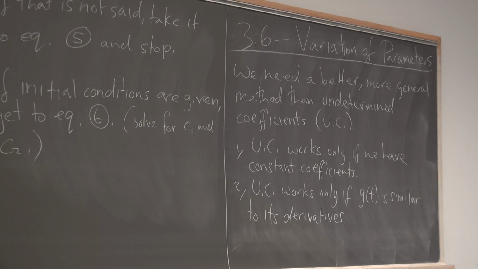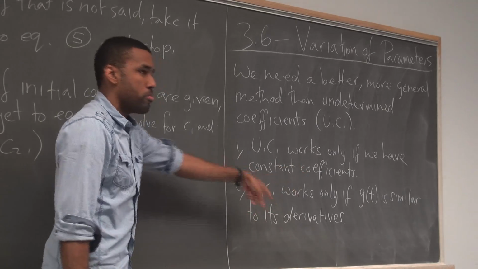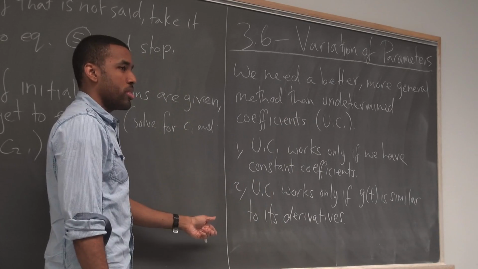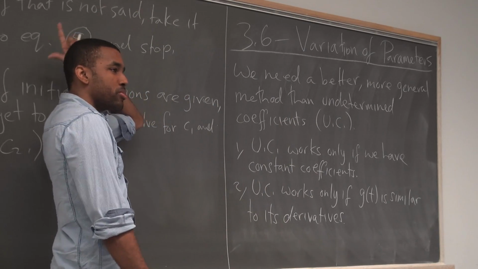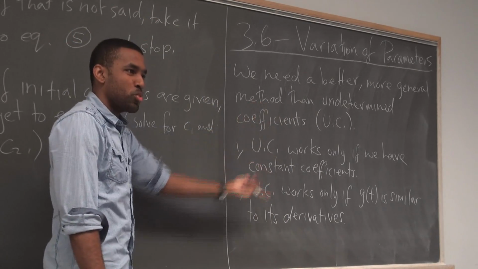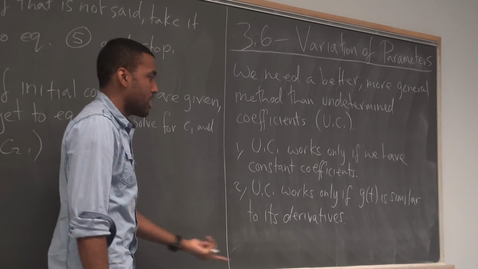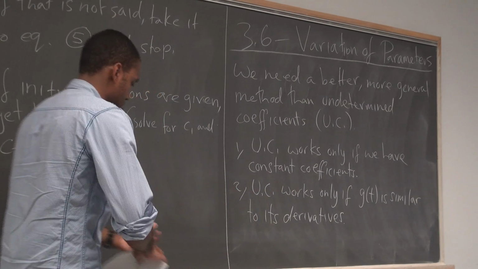I pretended something looked like g, and I did all these derivatives, but there came a point where I had to sort of match up both sides, right? It turns out if I took the derivatives and the functions looked completely different, then matching up both sides wouldn't really work out to our advantage, right? Because the function would be completely different on this side compared to on the right side, right?